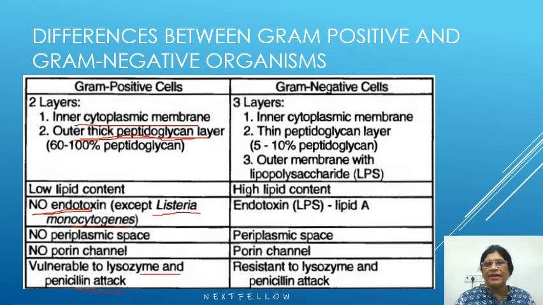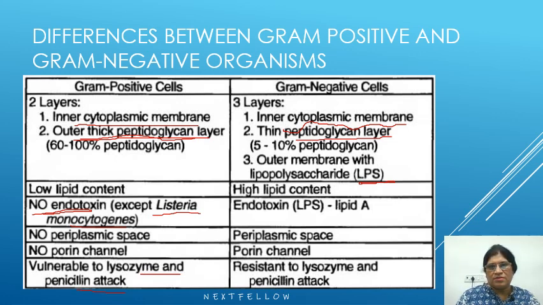Whereas gram-negative cells, they have three layers. The outer membrane is the LPS, the inner membrane is the cytoplasmic membrane, and the peptidoglycan layer is thin. Remember, in gram-negative cells, there is a thin peptidoglycan layer, whereas in gram-positive cells, the peptidoglycan layer is thick and outer, whereas here the outer layer is LPS.